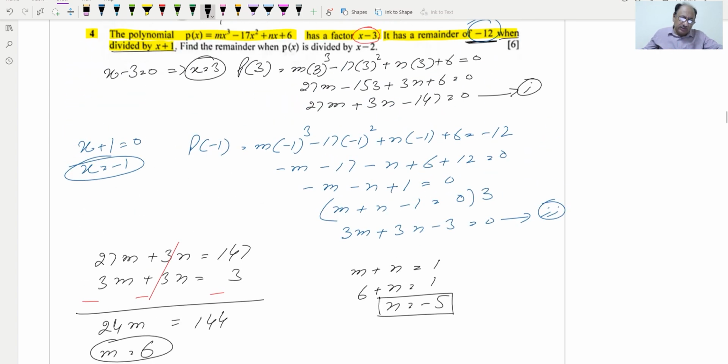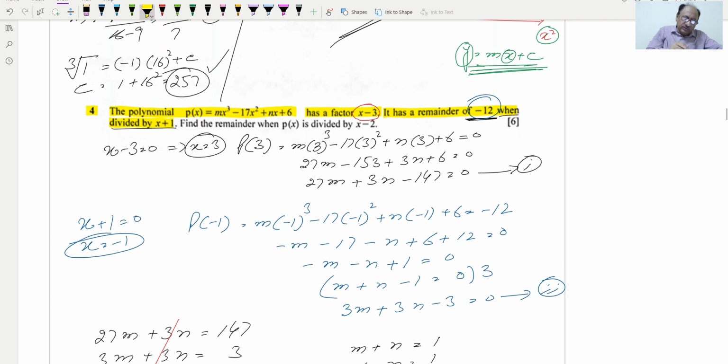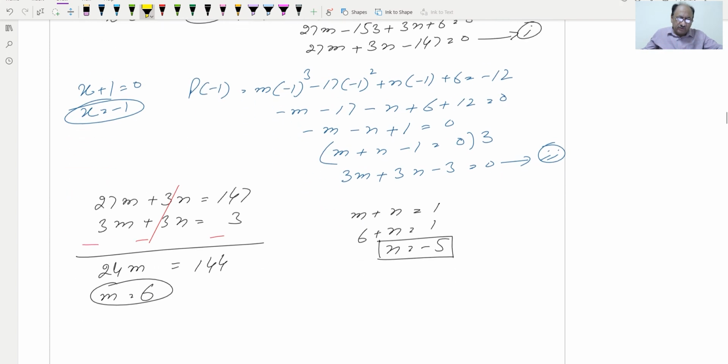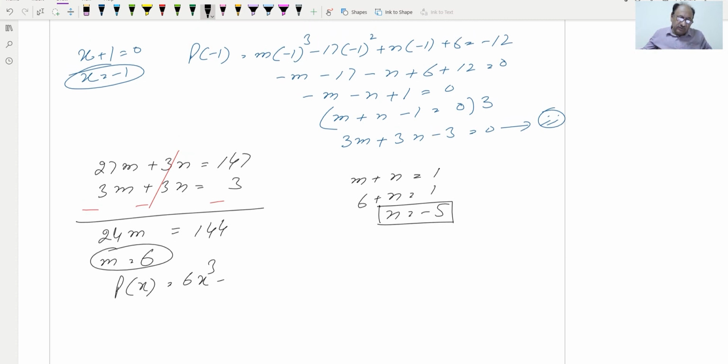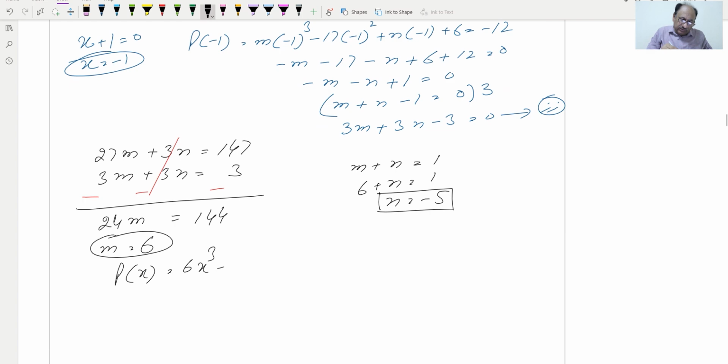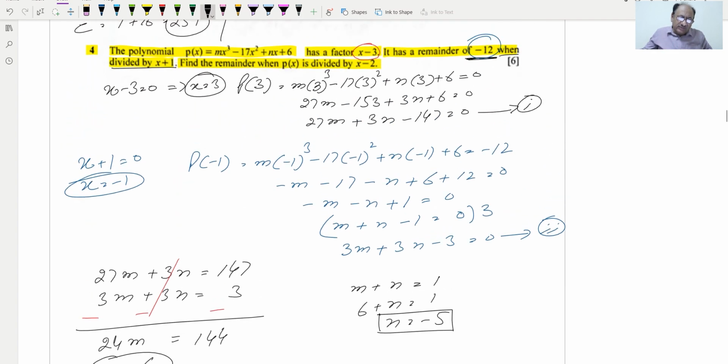Now they are saying find the remainder when p of x is divided by x minus 2. So first of all, we will write the equation by using these m and n values, and our p of x is equal to m, which is 6, so 6x cubed minus 17x square, and plus nx.